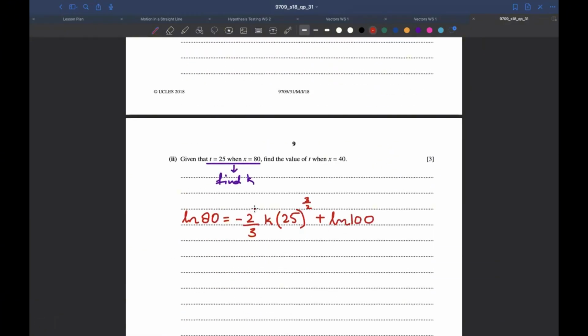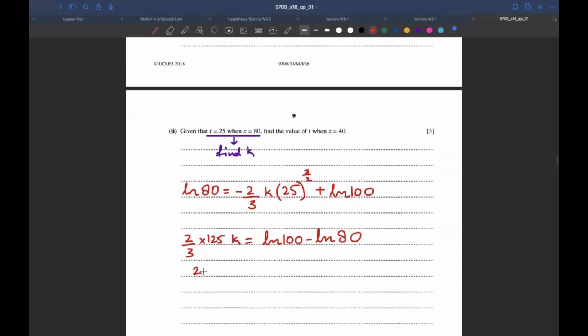Now simplifying this, we can bring this on the left hand side and that will become plus 2/3. We know that 25 to the power 3/2, substituting this in the calculator, will become 125. So we can write this as 125 k is equal to, and then 80 comes on the right hand side, that becomes ln of 100 minus ln of 80.